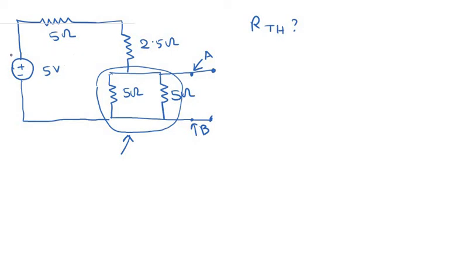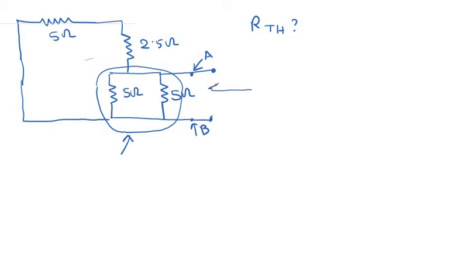So the first thing to do is that this 5-volt source should be replaced by a short circuit. So we short circuit this 5-volt source over here, and then we try to find out the resistance seen between these two terminals.